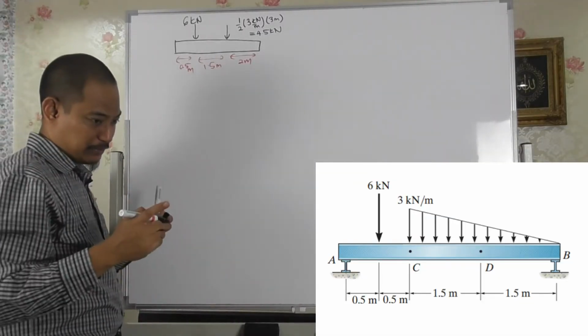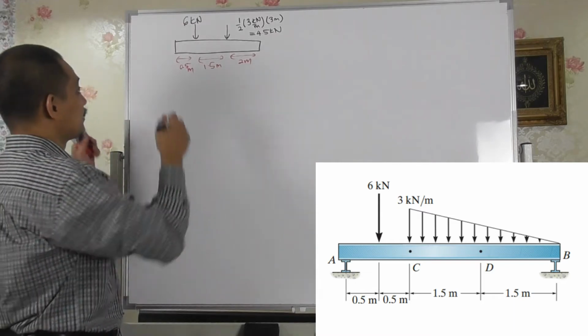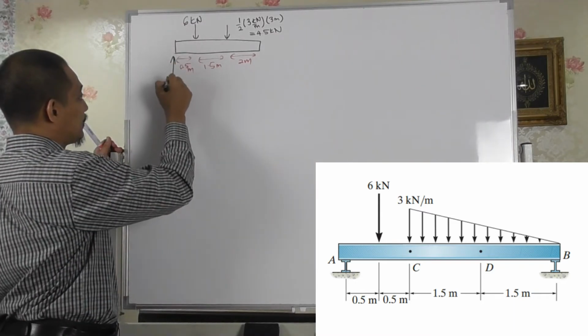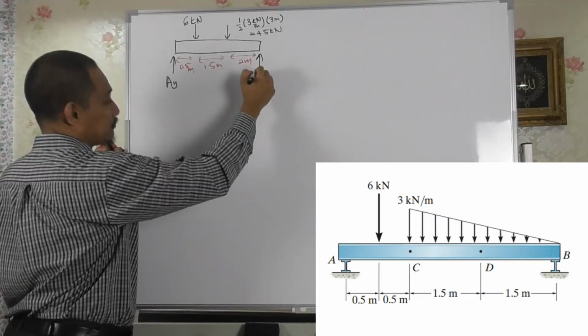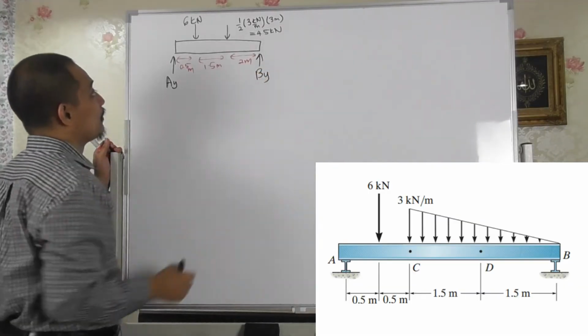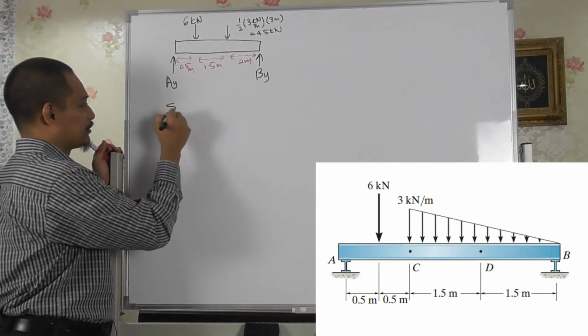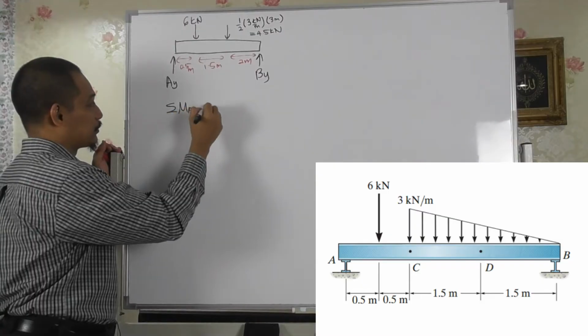Alright, so okay, support reaction, it says that it is vertical, so you'll have, let's say, AY and you have BY. So let's take, for example, summation of moment about point A equal to 0.